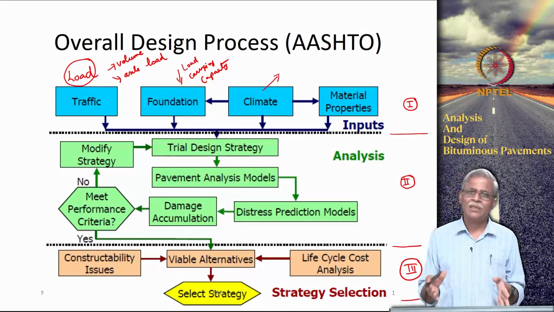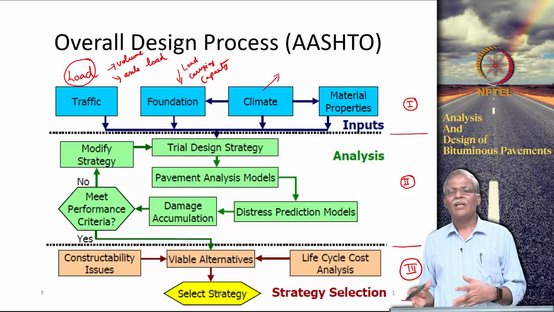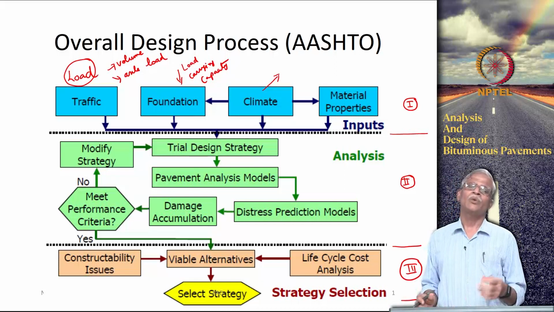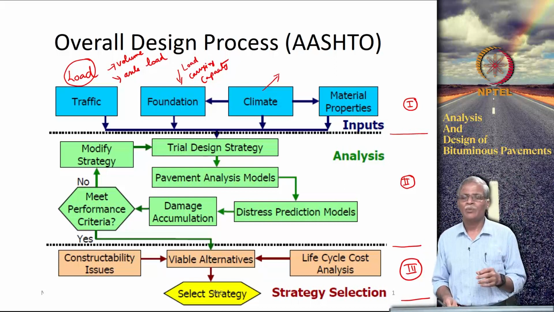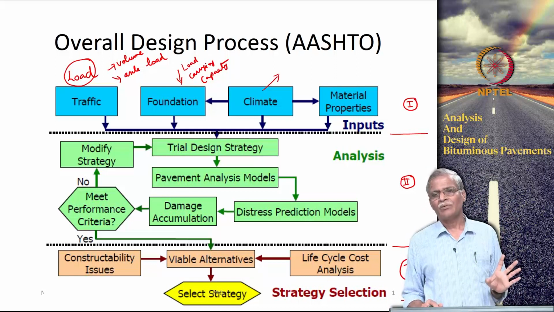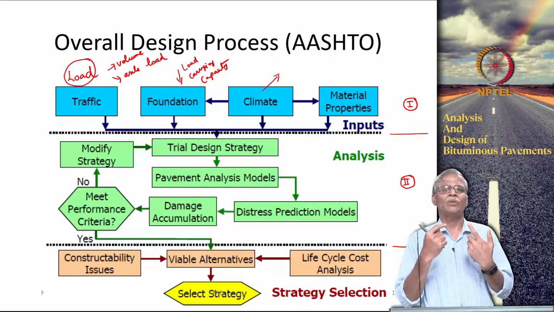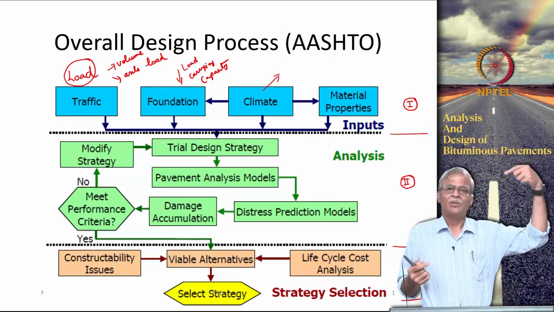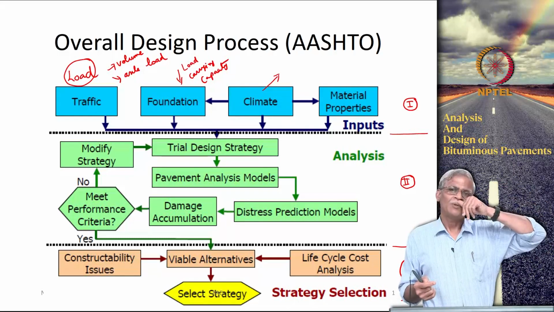Climate plays a critical role, more so within the context of India, because whatever cross section you use in the northern part of India may not necessarily work in the southern, eastern or western part of India. It has to do with the maximum pavement temperature, minimum pavement temperature, presence of the water table and so on.